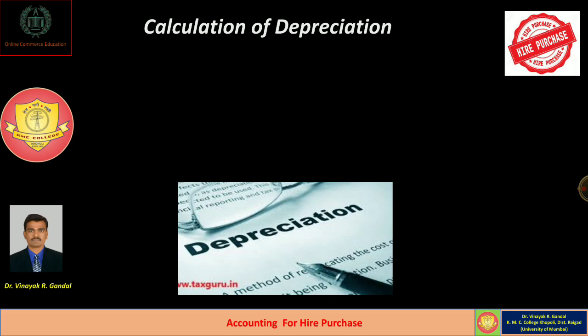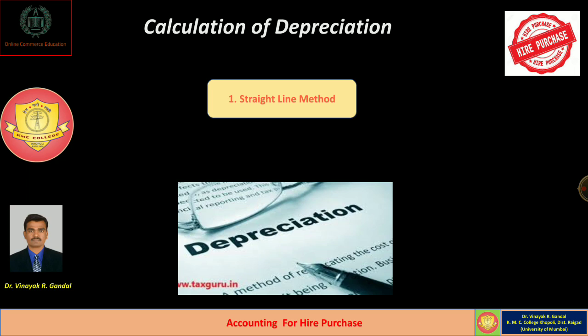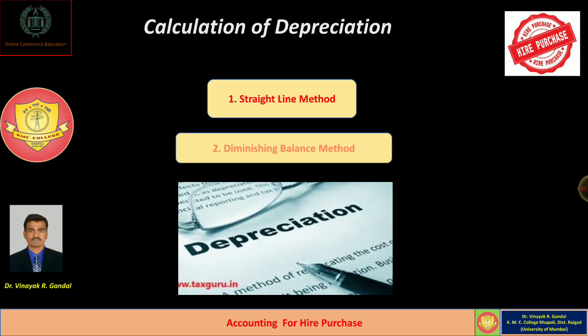Okay, so we have to follow two methods of calculation of depreciation, that is straight line method or diminishing balance method. Whichever method is applicable and as per the company's policy is to be used for calculation of the amount of depreciation and recorded in the books of accounts properly.